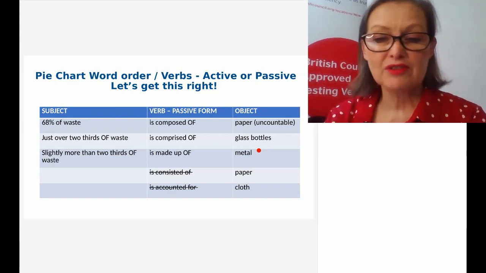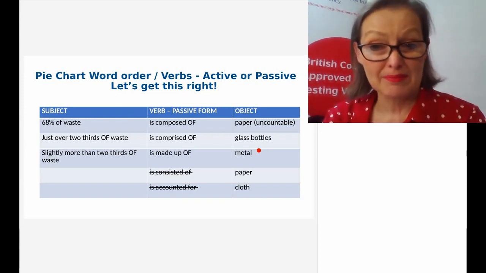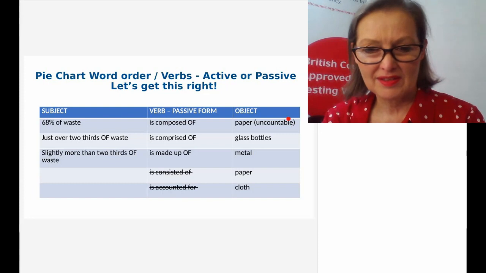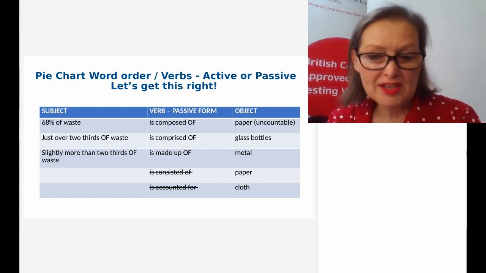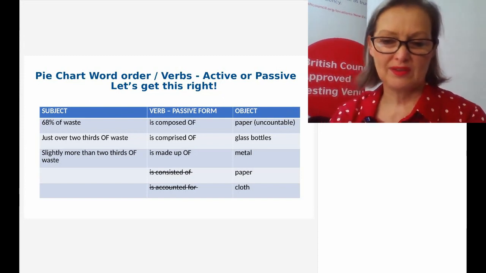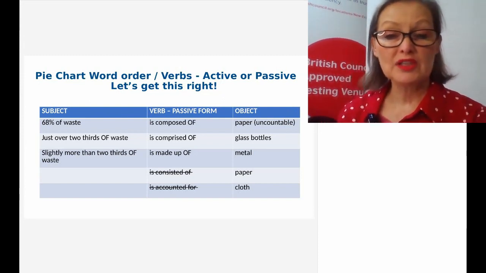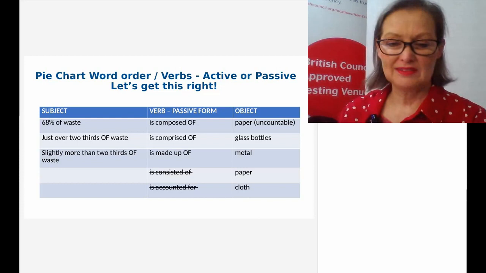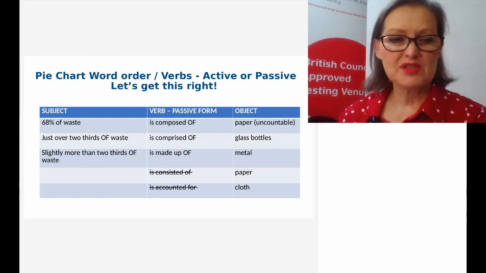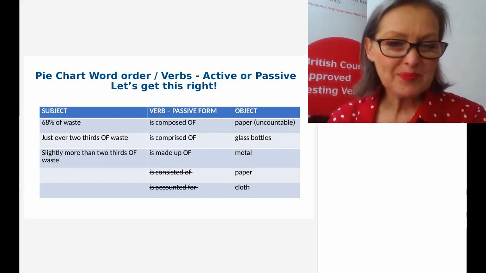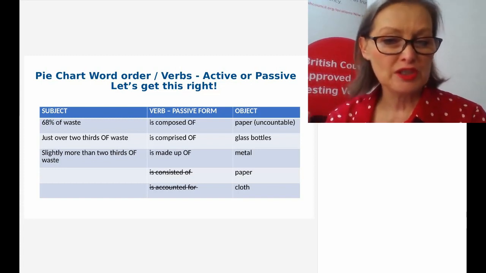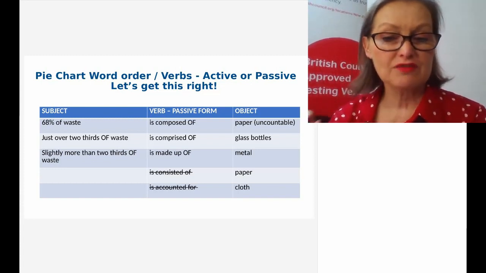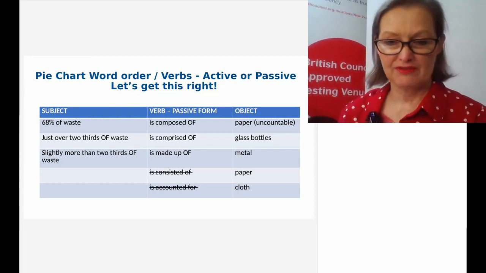So those are the three verbs that I can use in my passive form. But I can't say is consisted of or is accounted for. Those verbs I can only use in the active form. So this is important to note. When you're writing, make sure you know which verbs you can use in active and which verbs you can use in the passive form.